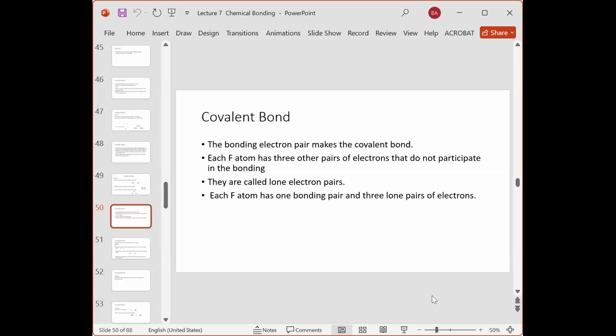So fluorine has 1 bonding pair and 3 lone pairs of electrons, because it's 2, 2, 2, 6. And this one too has just 1 bonding pair.